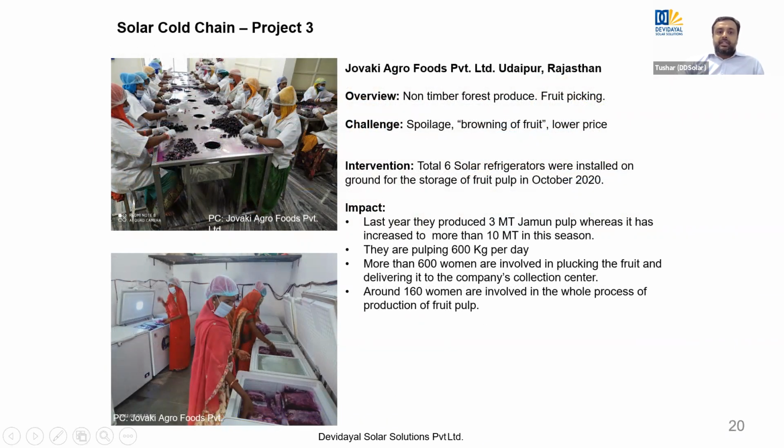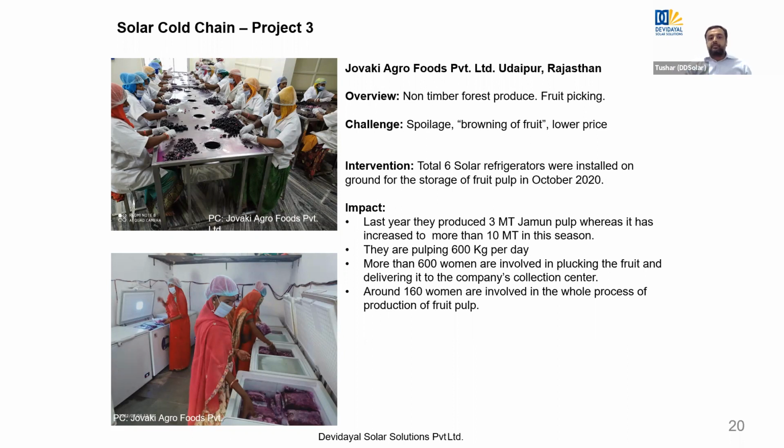And so this is actually a carry forward from the first slide, where the first slide was done as a demo, as a pilot, and then this was done on a commercial basis. So again, similar non-timber forest product. The challenge was spoilage, browning of fruit, lower prices, and then solar refrigerators as an intervention.